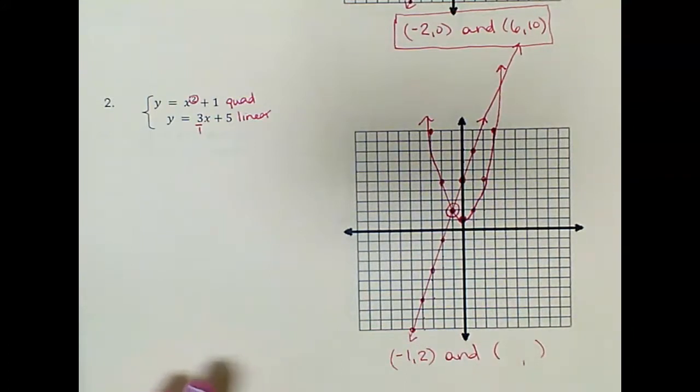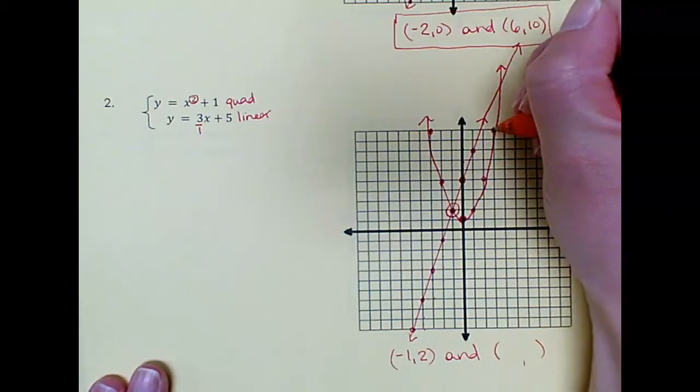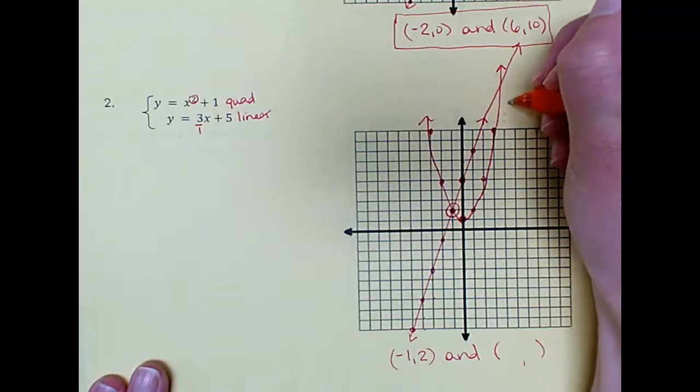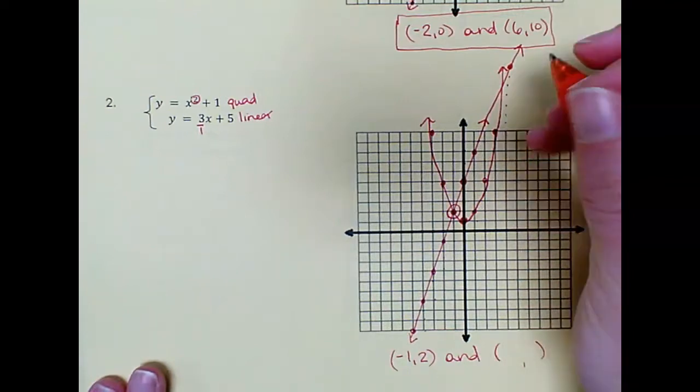And so I'd like to extend my graph to make sure that I have them in the right spot. So my next part of the quadratic pattern would be to go over 1 and up 7. I also want to make sure that I'm using this slope to go up some more.